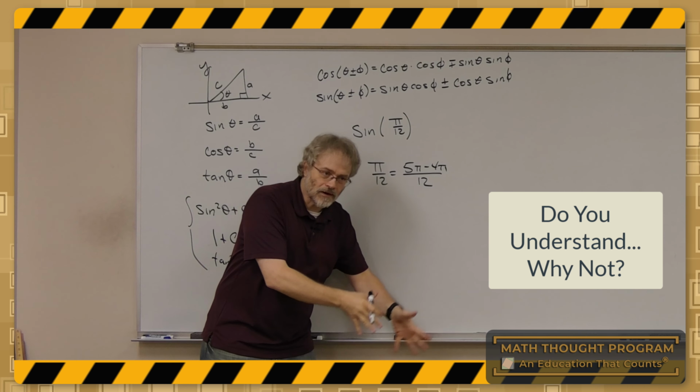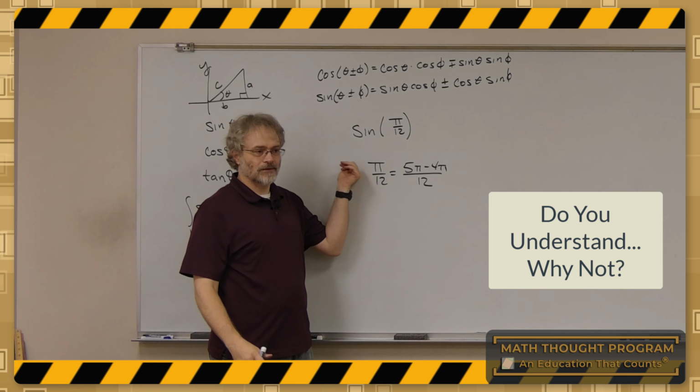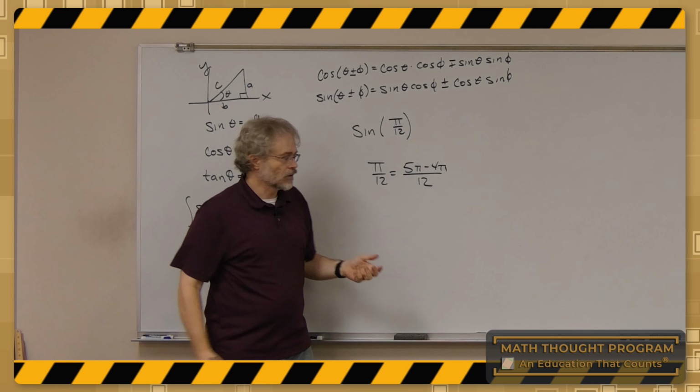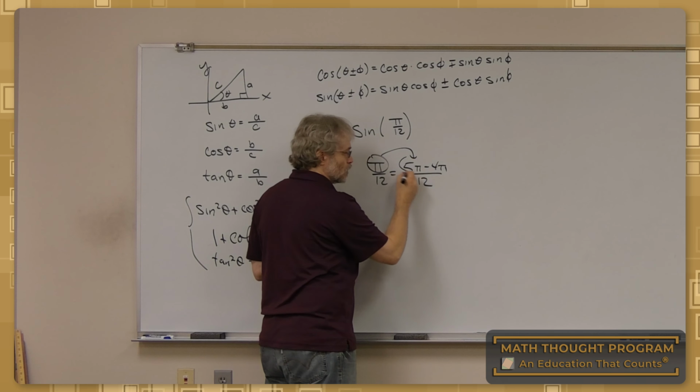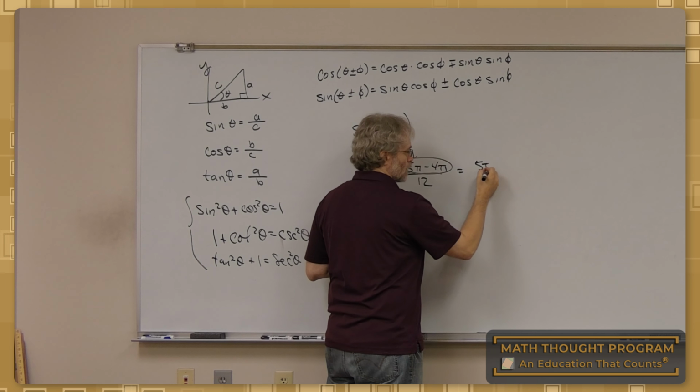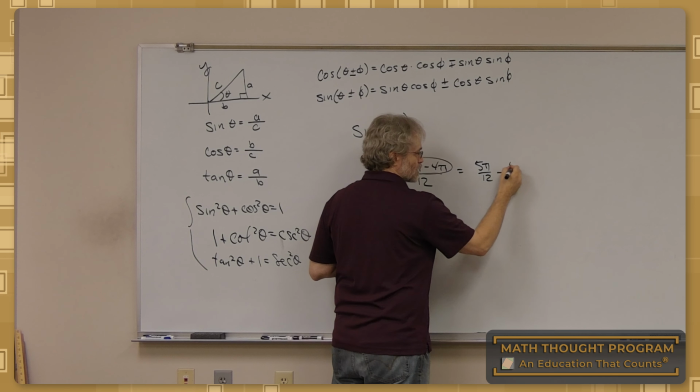Because isn't 5 pi minus 4 pi, pi? Absolutely. It does work. This does equal that. And you can use properties of fractions and rip this thing apart. You can say this.